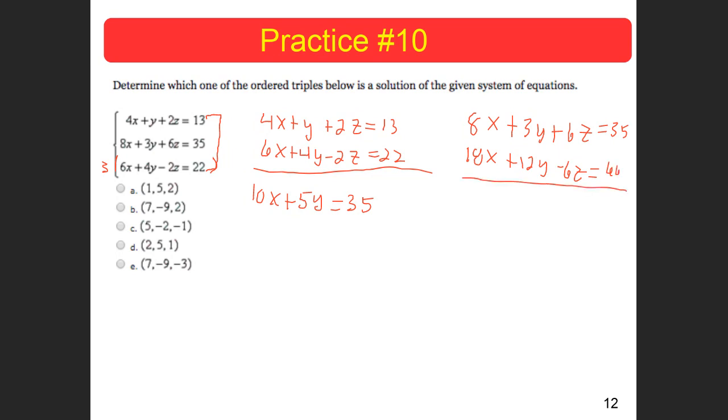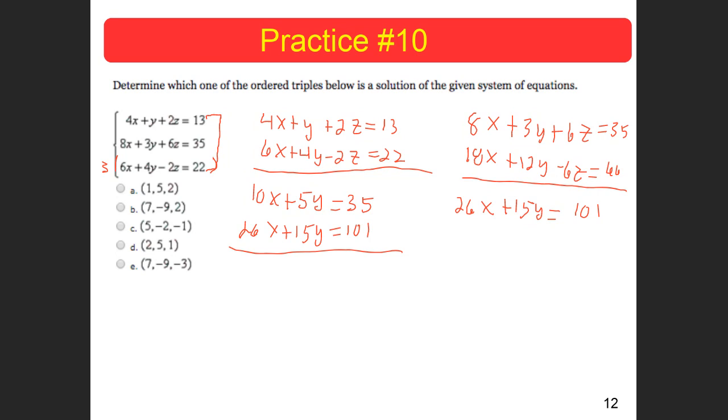All right, so if I add straight down, I get 26x plus 15y is equal to, what is that going to be, 101? All right, so now I have two equations. 26x plus 15y is equal to 101.